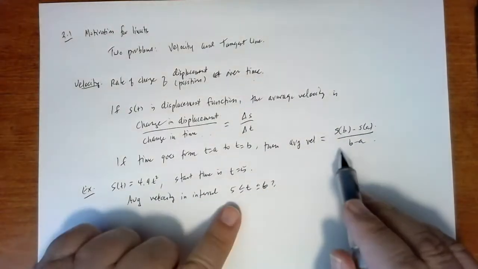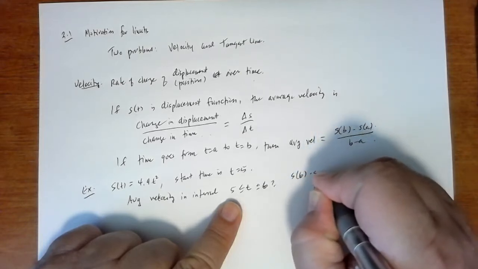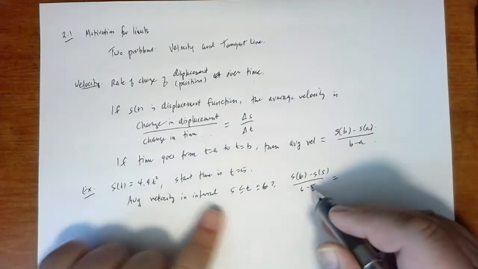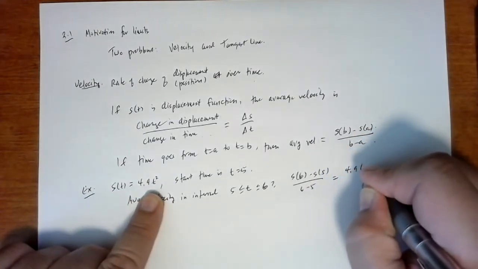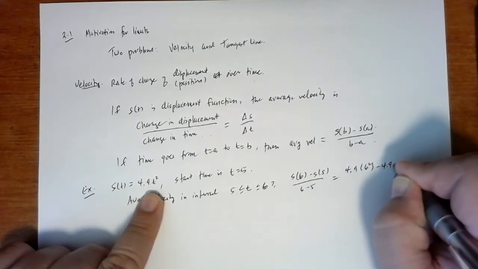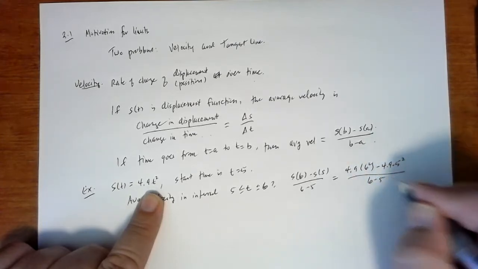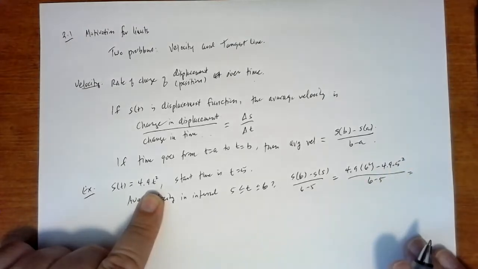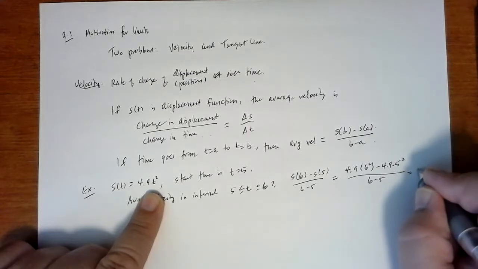Well, it's our change in position, s of 6 minus s of 5, divided by 6 minus 5. That would be 4.9 times 6 squared minus 4.9 times 5 squared, divided by 6 minus 5. If we compute that as a number, I believe that is 53.9.